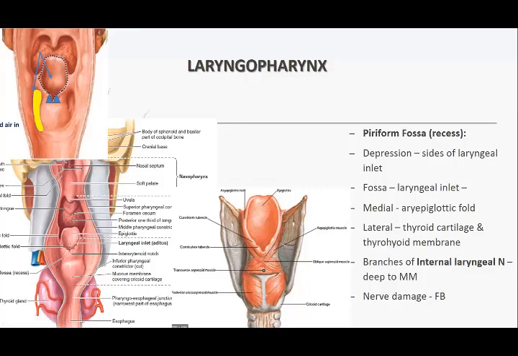So the piriform fossa is a depression lying on either side of the larynx.